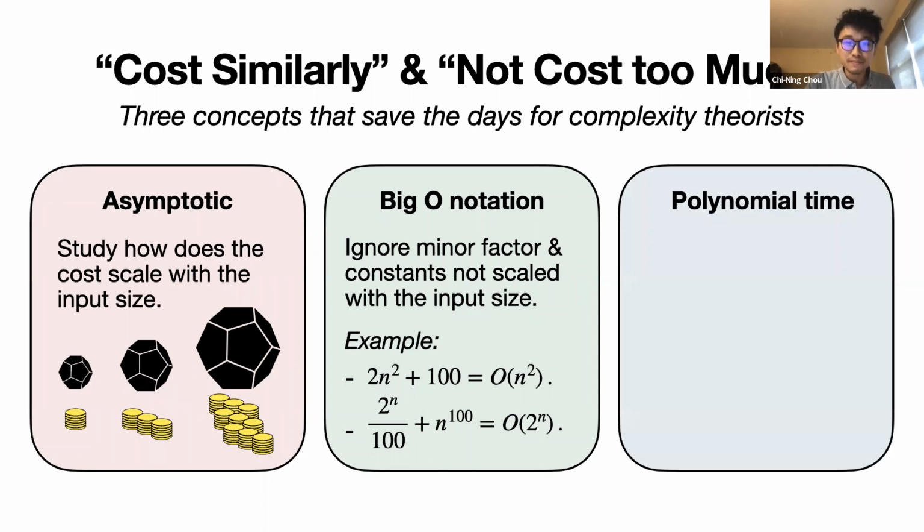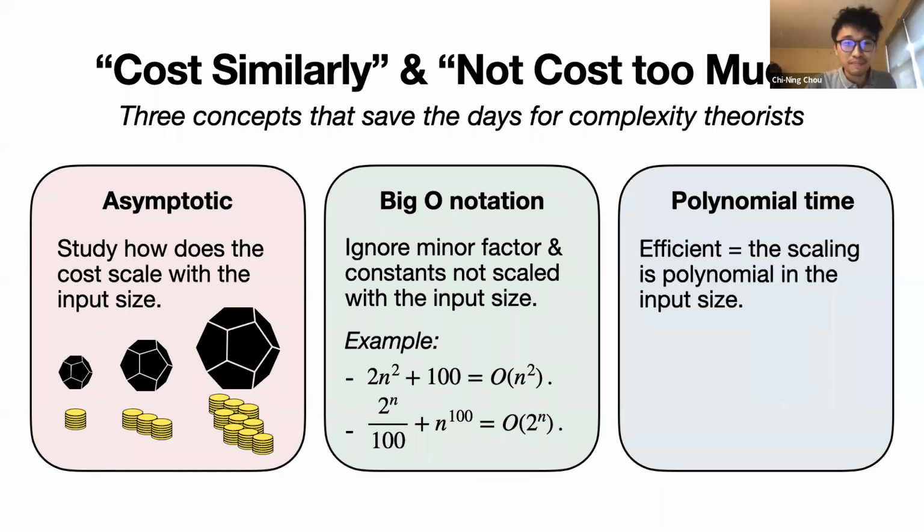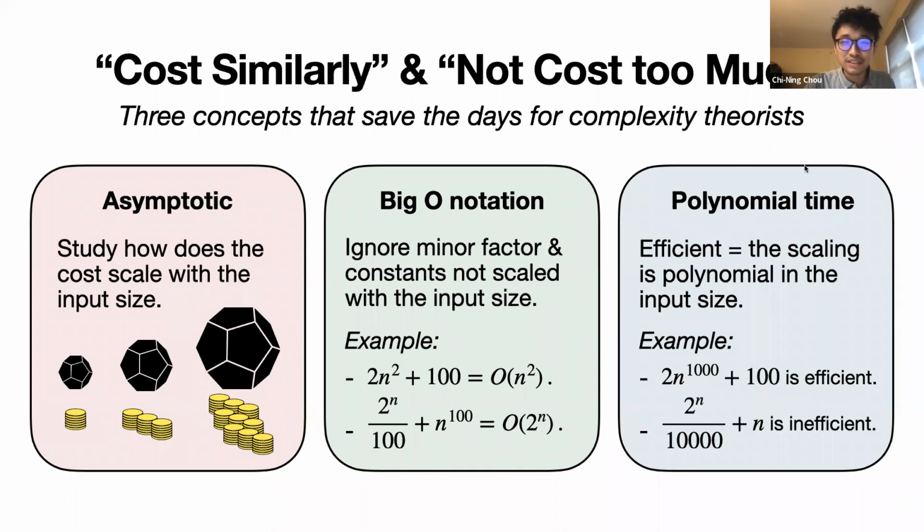Finally, about not costing too much: here the community consensus is polynomial time, meaning that the scaling is a polynomial, which I'll explain in the next slides, and Li Jie will also talk about this in his guest talk.